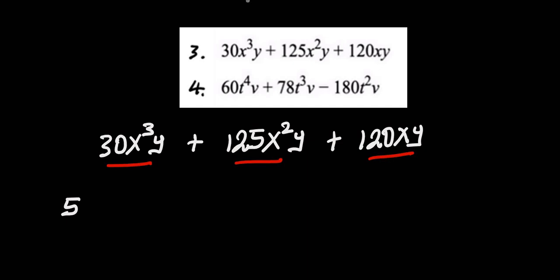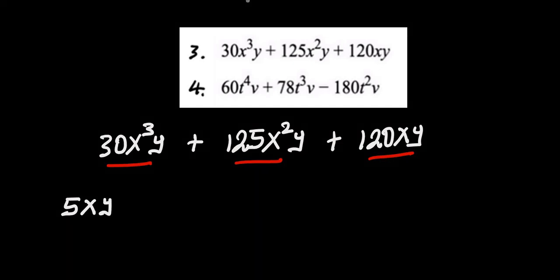The GCF of x cubed, x squared, and x is x. The GCF of y in the three terms is y. So just open a parenthesis and divide each of the terms by the GCF.